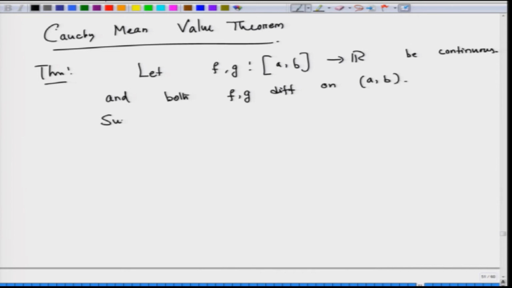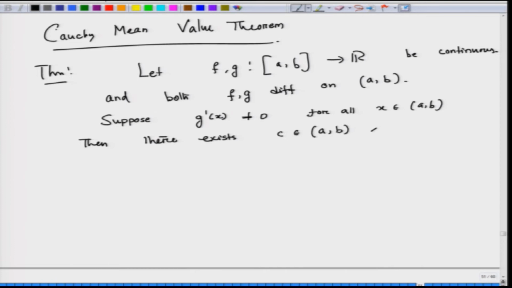Now, suppose g prime of x is not equal to 0 for all x belongs to a b, then there exists a c belongs to open interval a b such that f of b minus f of a divided by g of b minus g of a is equal to f prime of c by g prime of c.